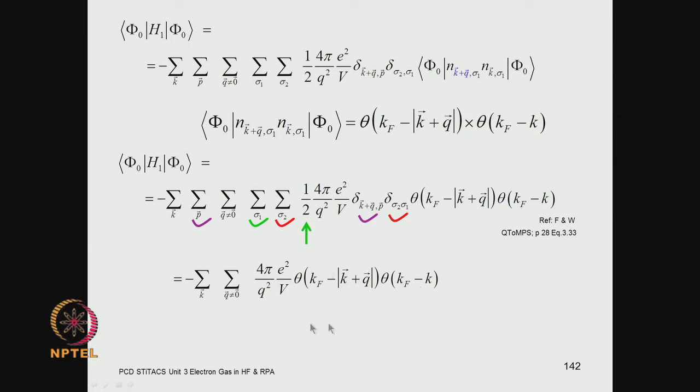So, this is what you now have to sum up, right. Okay. So, let us do that. So, you have the result for the perturbation correction according to first order perturbation theory.